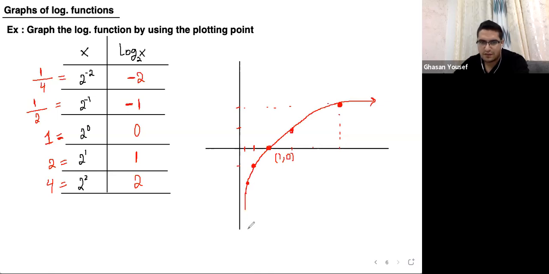So this is the graph of my function for the logarithm function. The graph will be close to the y-axis, but it will not touch the y-axis. So what is my vertical asymptote for this graph?